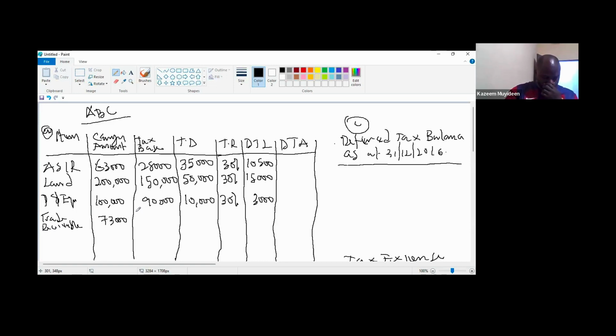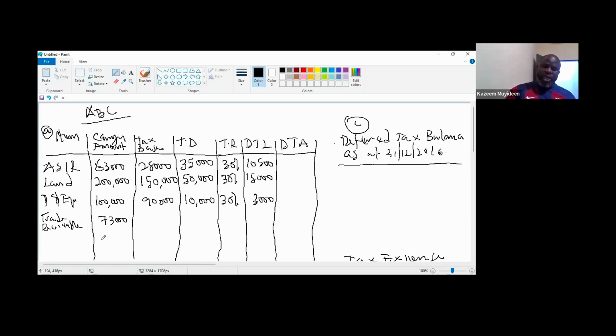The trade receivable balance given above is made up of the following: opening balance is 80,000, allowance for doubtful debts 7,000, giving the closing balance of 73,000.